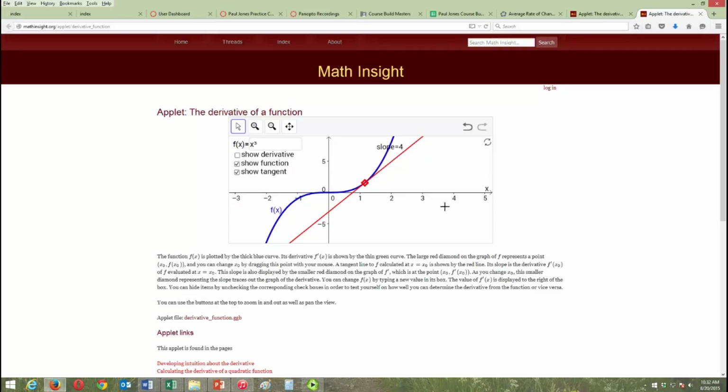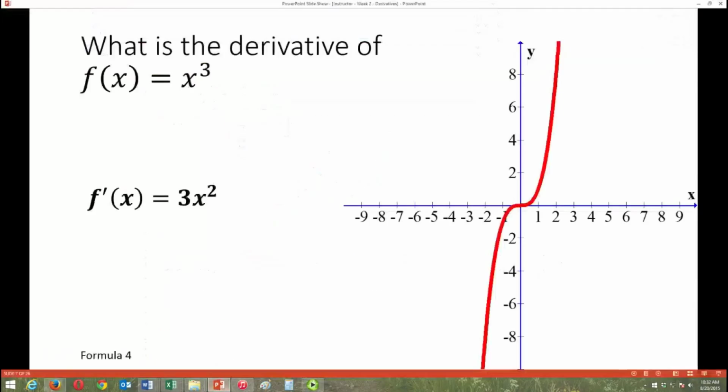Looking at another applet, we see how our tangent line always has a positive slope until it hits x equals 0, and the slope of the tangent line is 0. This again corresponds to our derivative function, where 3x squared is always positive except for when x is 0, and 3x squared is 0.